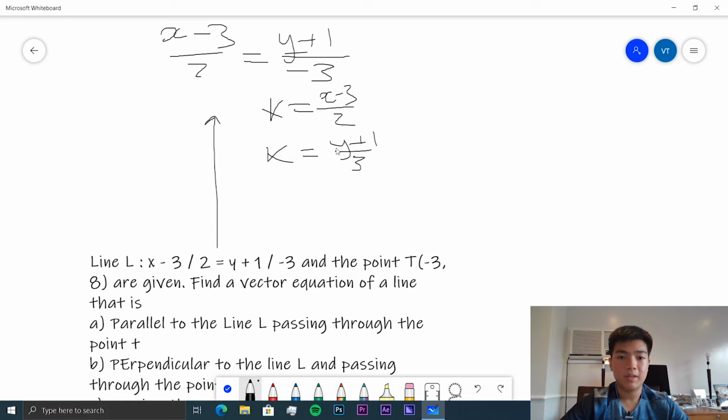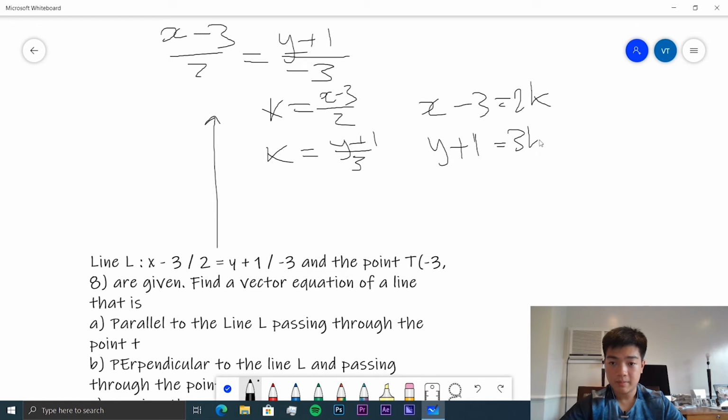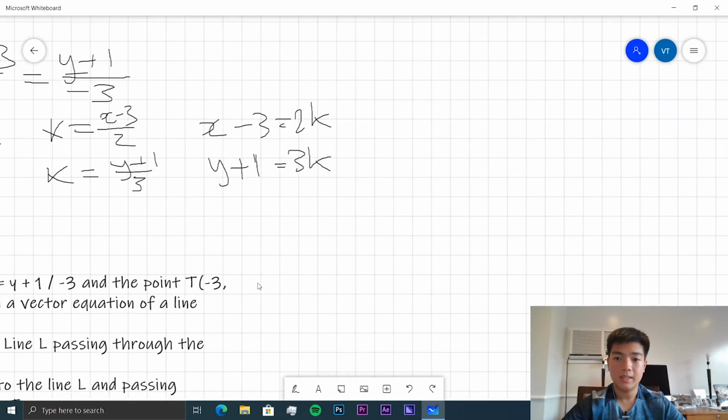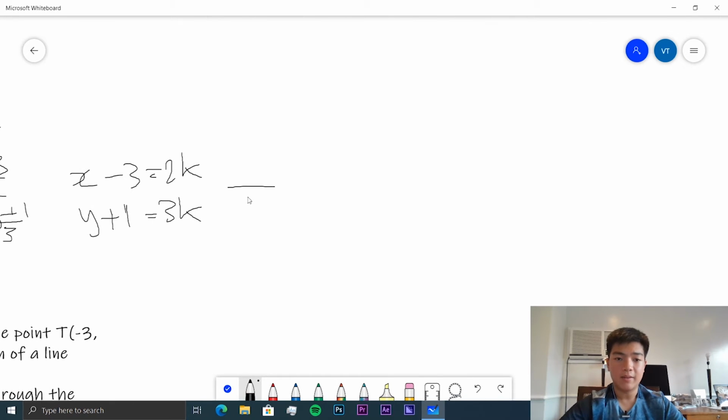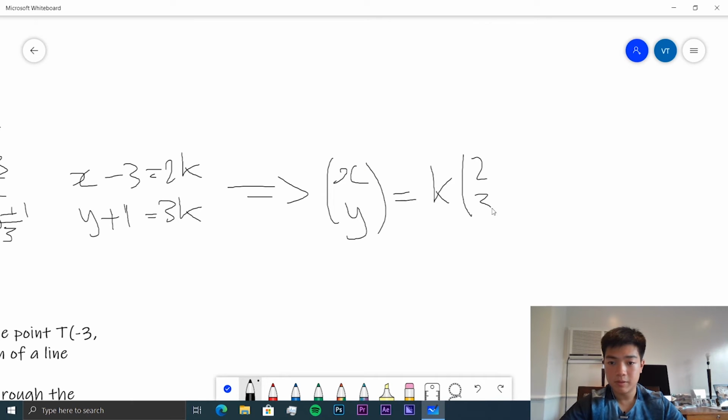So what we have here is x minus 3 is equal to 2k and y plus 1 is equal to 3k. And so therefore we have (x, y) is equal to k times (2, 3) plus the vector (3, -1). Okay?